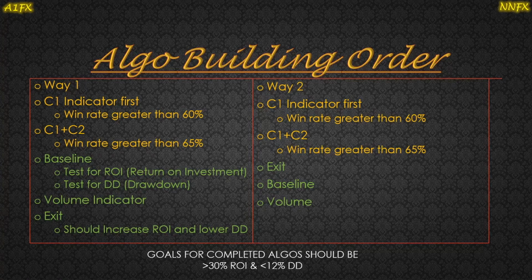And guys, I know this is also a heavy question in No Nonsense Forex. What goals should I try to get? What benchmark should I get for my algorithm? What I believe for a 3-year period, what you should try to shoot for is 30% ROI and 12% drawdown. And I got those numbers based off my personal results and also the Discord's private Algo group admission requirement, because they require 30% ROI and 12% drawdown.